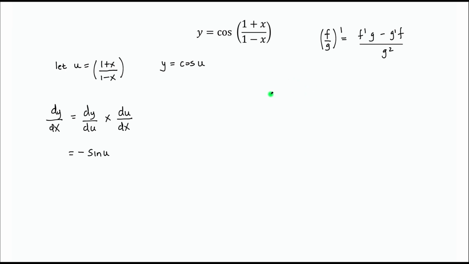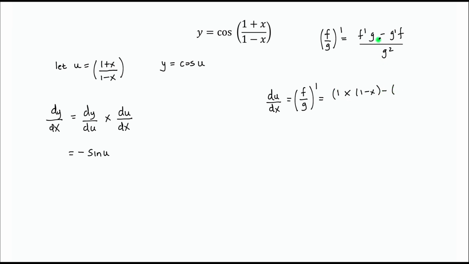So du by dx is equal to f over g dash. We have the following. f dash: we said f is the top bit, 1 plus x. If I differentiate that, that will simply give me 1. So that's 1 times the g, which is 1 minus x, and that's minus.